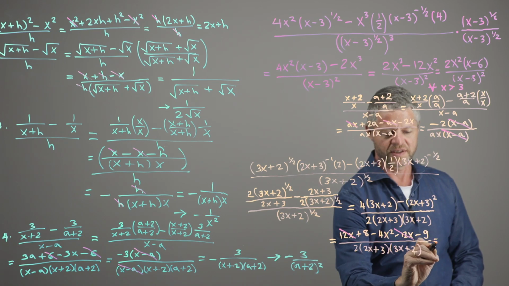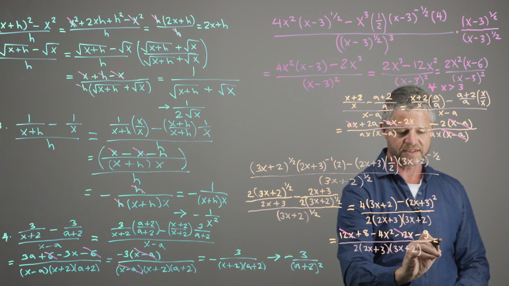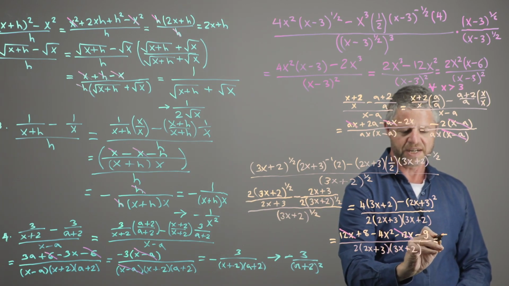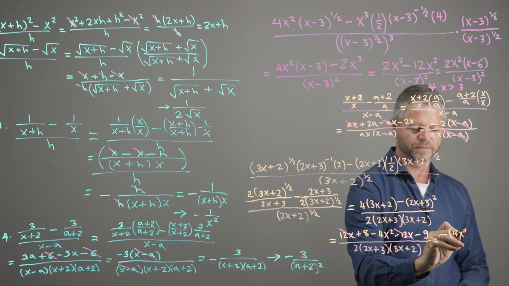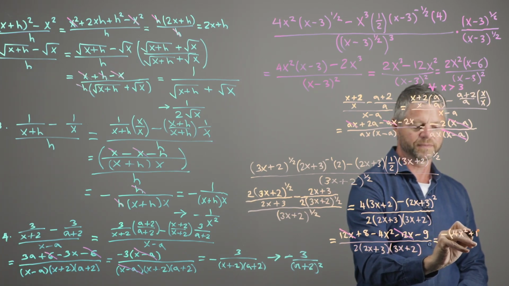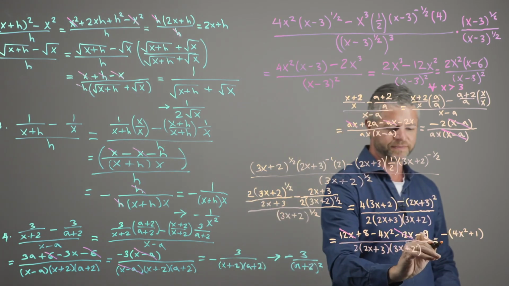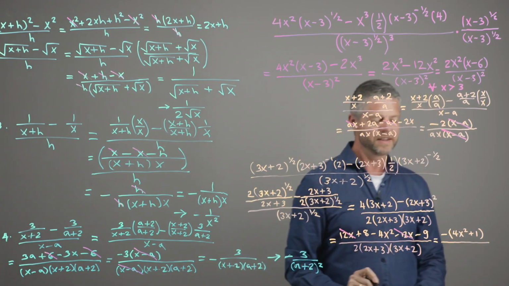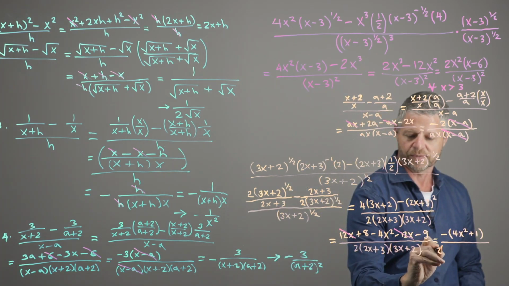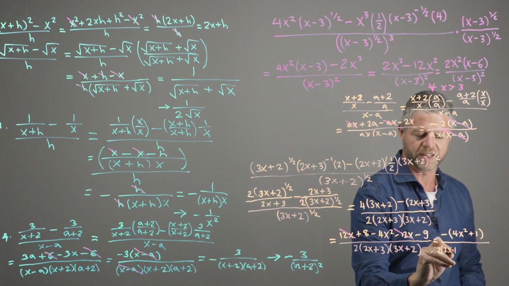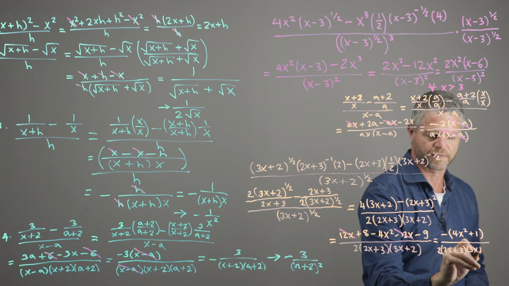So I want to write this as minus (4x squared + 1). So that takes care of the minus 4x squared minus 1. And then in the denominator, we've just got what we had before. So (2x + 3) and (3x + 2).